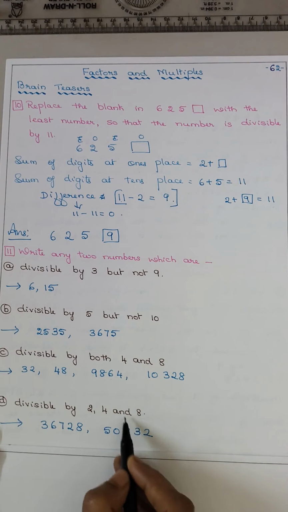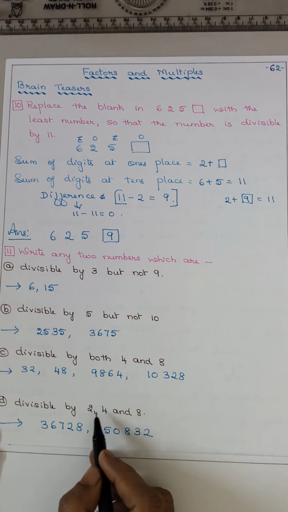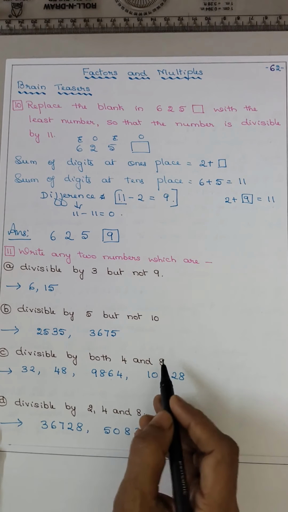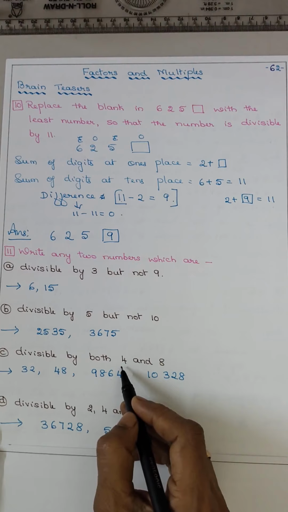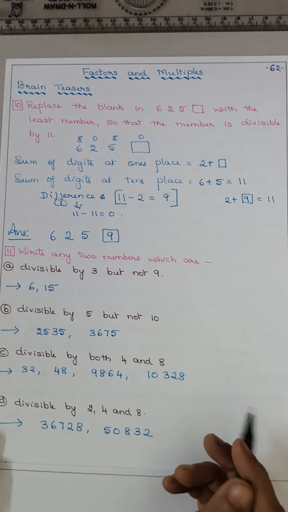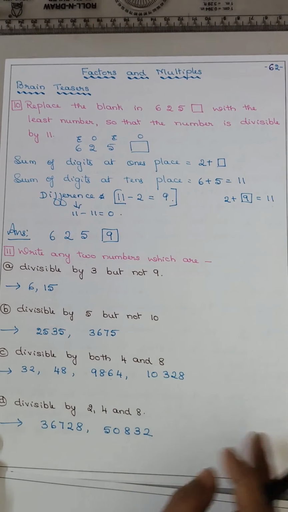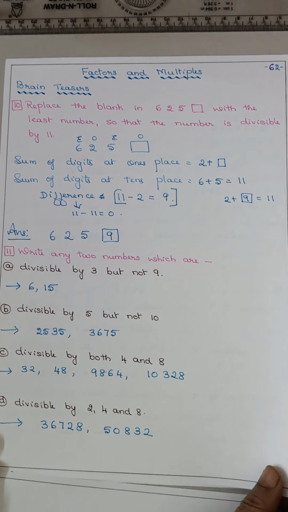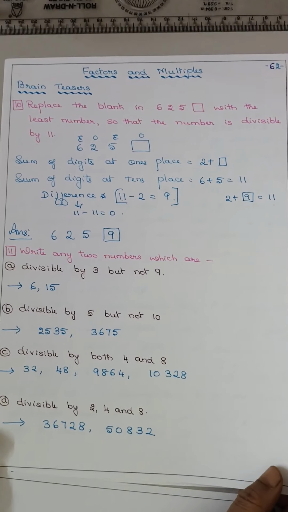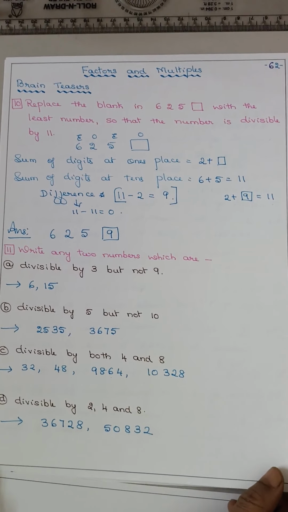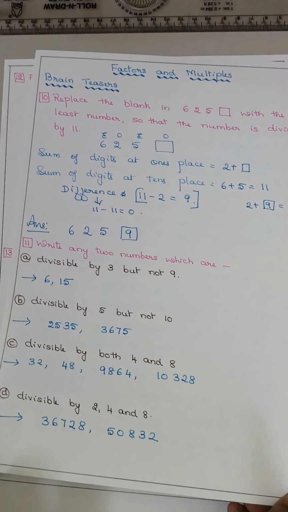Any number which is divisible by 8 is divisible by 2 and 4. 8, it is divisible by 4 also. Okay. So any number you can write. Here the answer will be different according to your choice, but you have to remember the divisibility test.